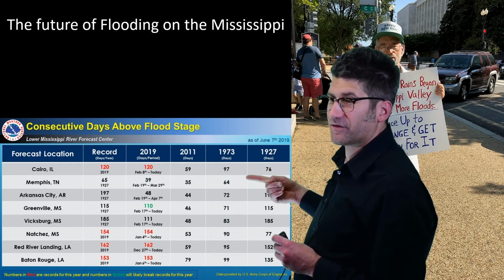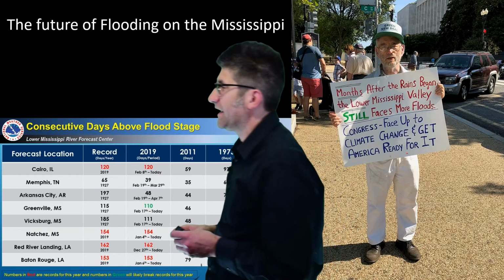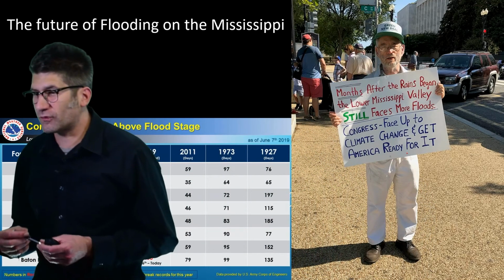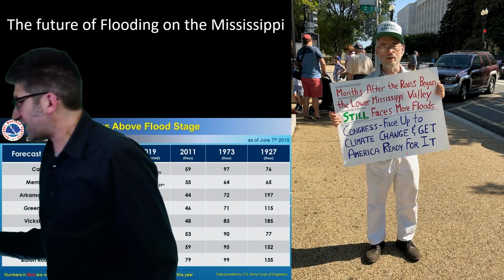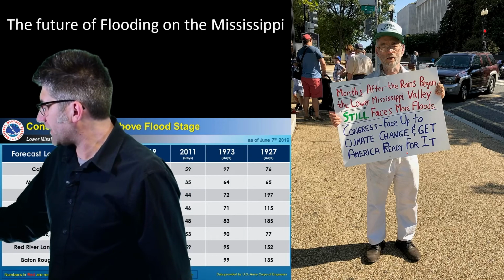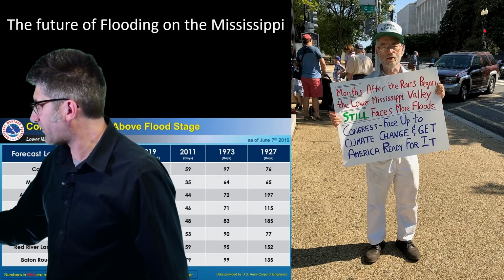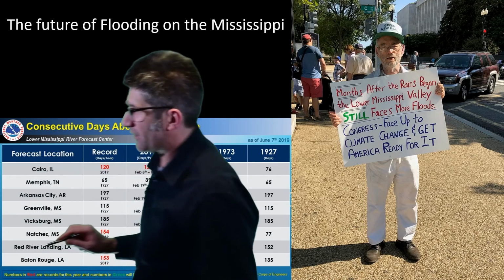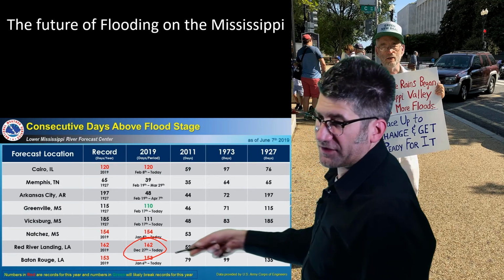So here's some big floods on the Mississippi from the 20s, 70s, 2011, and 2019. And this is just the days that the river is above flood stage. And so here in 2019, we're talking about 160 days that the river in Red River Landing in Louisiana was at flood stage.